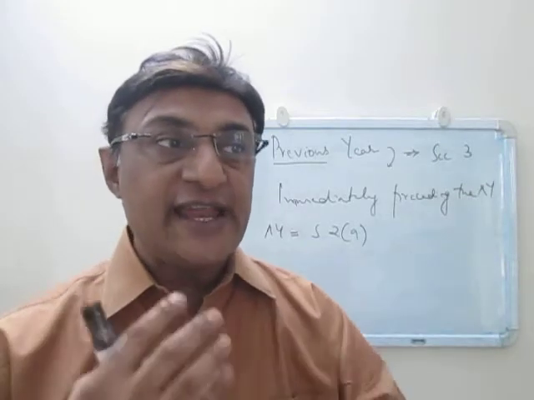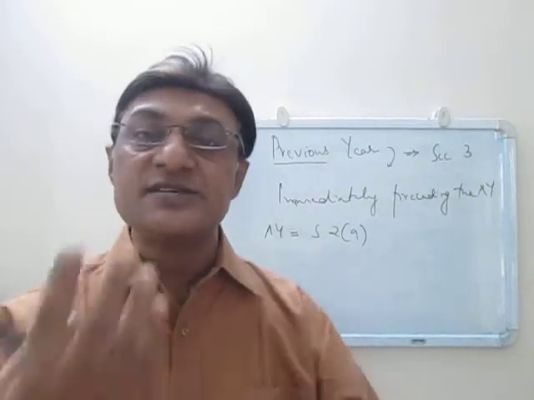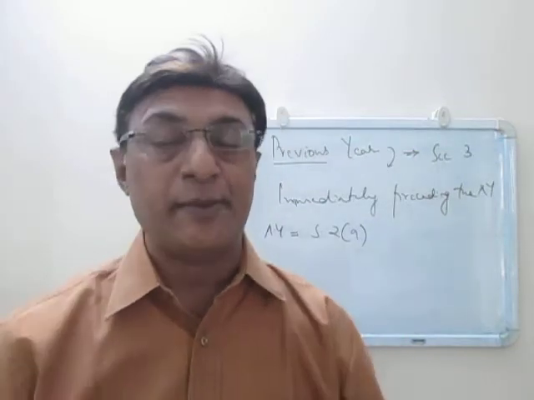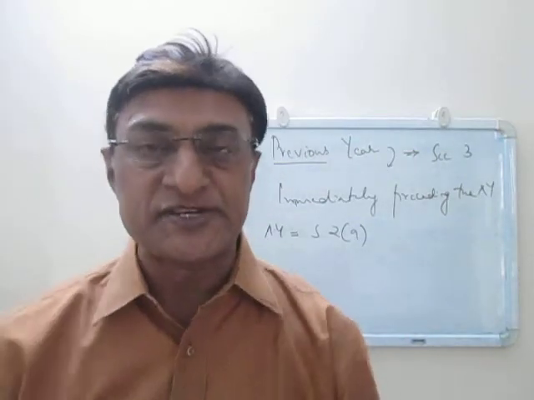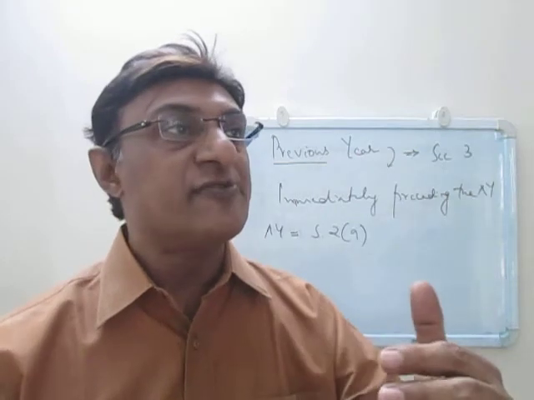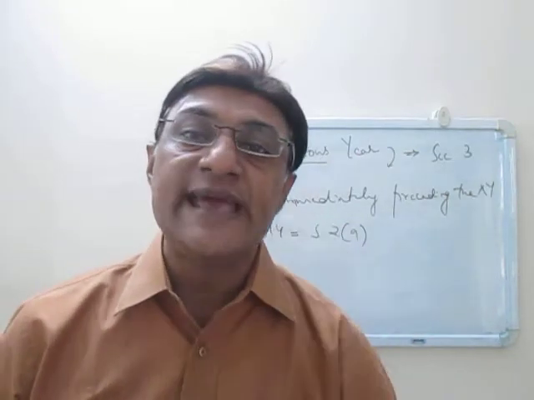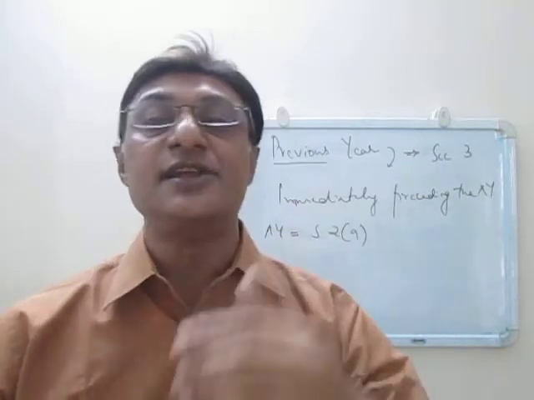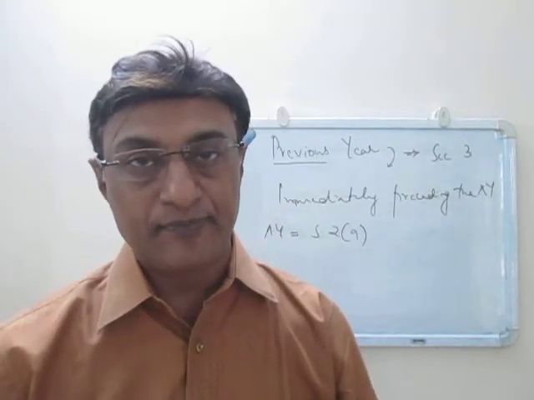So whenever a date, a month, a year is given to you, you should be able to determine which financial year it pertains to. Forget about previous year and assessment year. For example, if I say October 2018, October 2018 is the financial year 2018-19.